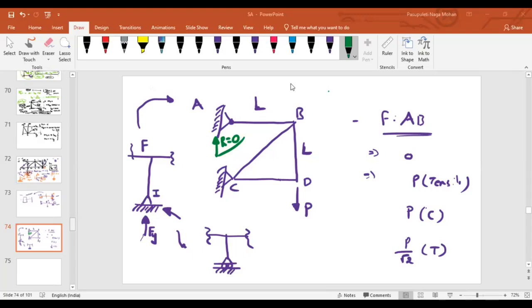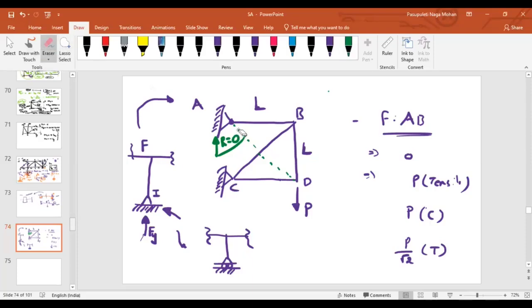Yeah, it's about the mechanism or orientation of the members. Suppose let us say, if I keep some other member here, what do you think the vertical reaction at A? Do you think it is 0? No, sir. It will exist. Not 0, sir.